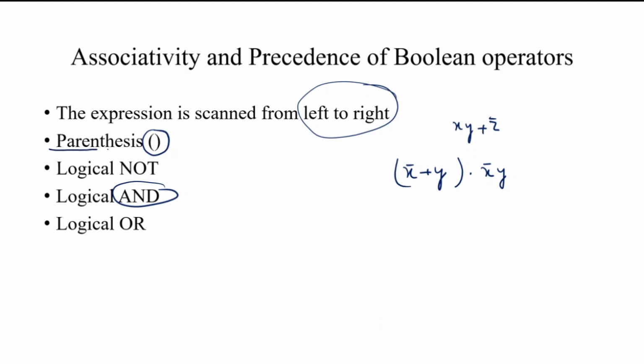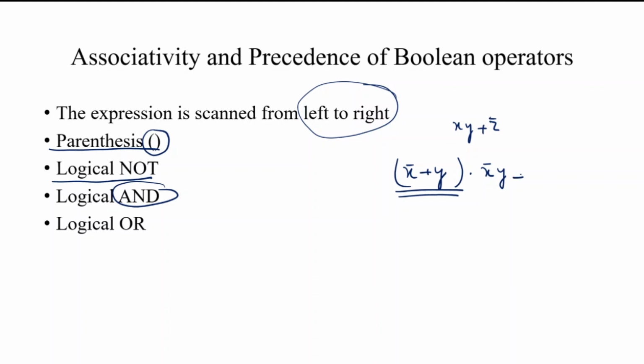First we evaluate the Boolean expression present inside the parenthesis. Then we first solve a logical NOT. After evaluating this expression, we multiply it by x complement. The third one is that we apply a logical AND, and in the last we solve a logical OR.